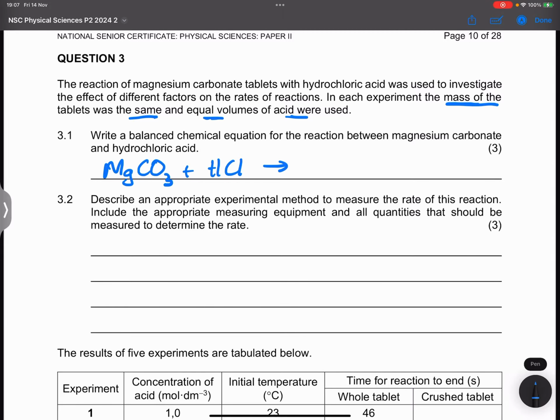That would give us, now this is a carbonate base. Okay, so that means that we are going to get a salt, water, but we're also going to get carbon dioxide. So we're going to get magnesium chloride, which is our salt. We're going to get H2O, and we're going to get CO2.